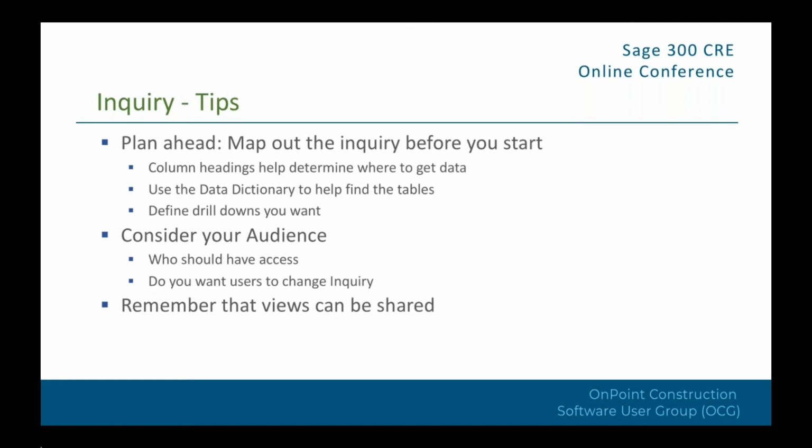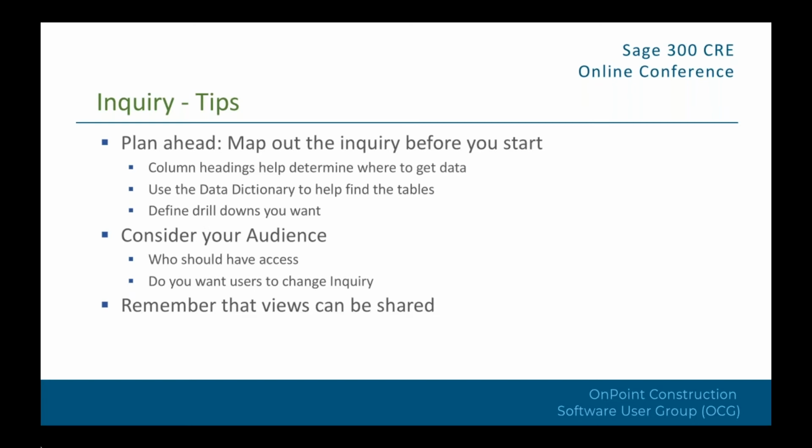So of course we want to plan ahead and map out what you want before you even start, to have some idea of what your column headings are going to be. Where are you going to have to get that data? Use the data dictionary to help you find the tables. And then define the drill downs you want.